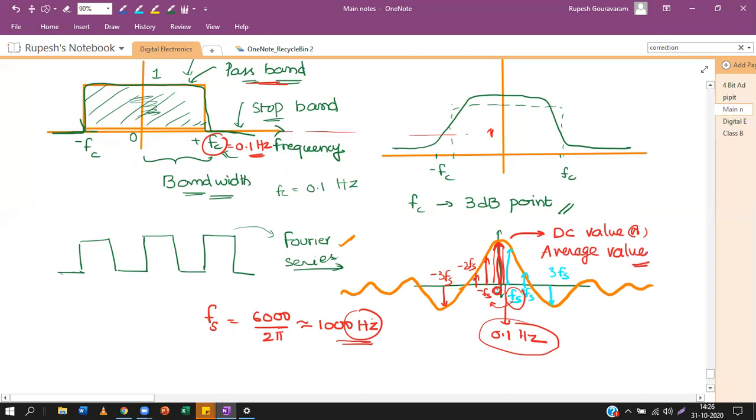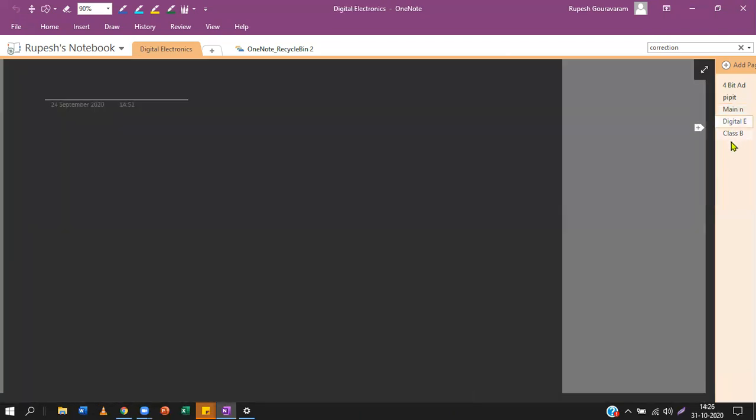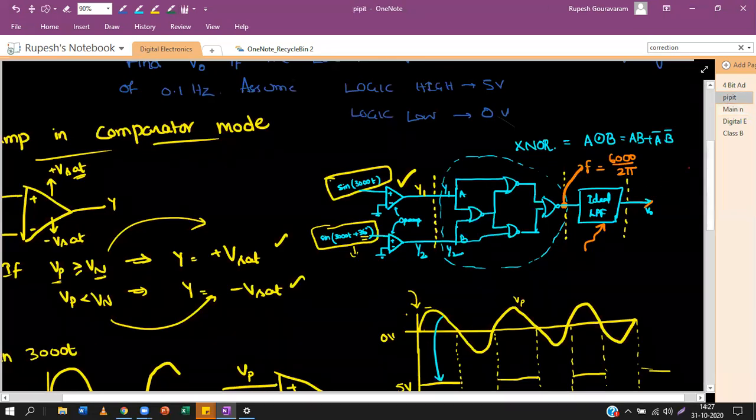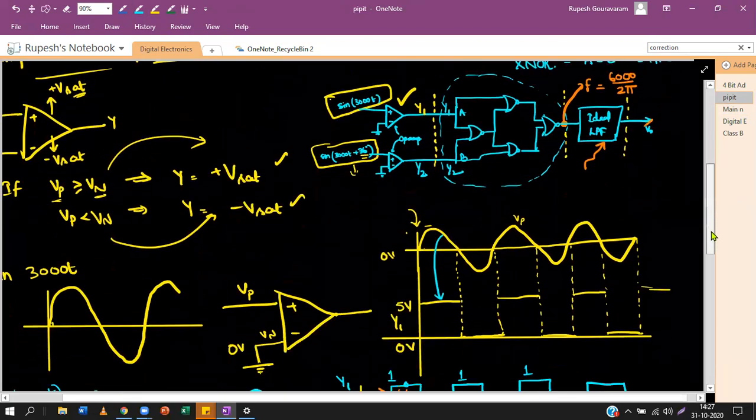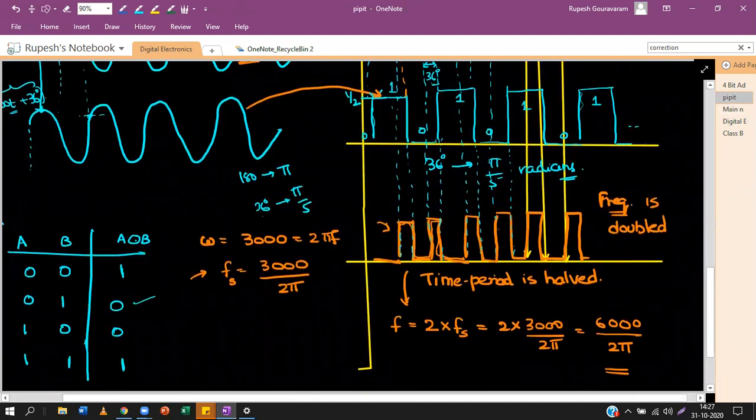Okay. Now, if you go back to the question, hope you have understood this. If you go back to the question here, the output here, before passing into the low pass filter, is given by this particular curve in orange.